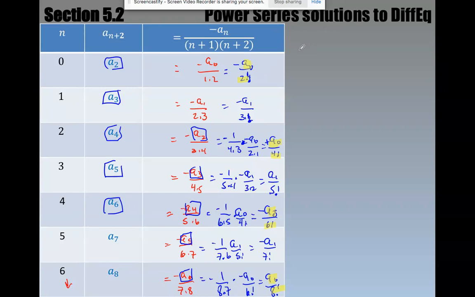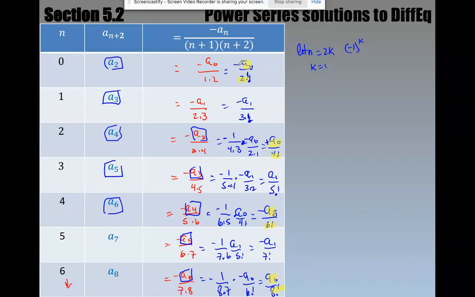let me do this. Let me say that when n, let's let n equal 2k. When n is even, and I'm going to start with k equals 1, the signs alternate, don't they?